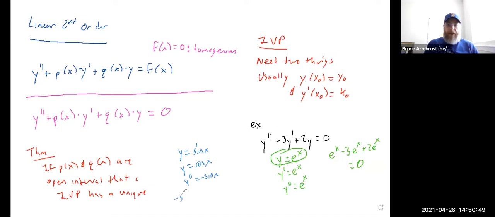You plug that in, you get minus sine of x minus 3 cosine of x plus 2 sine of x. And you go, oh, yeah, not equal to 0. So that one doesn't work. But it definitely has the potential to. It's not really hard to create a second order differential equation that does that. What if we tried y double prime plus y equals 0? And we do that with sine.